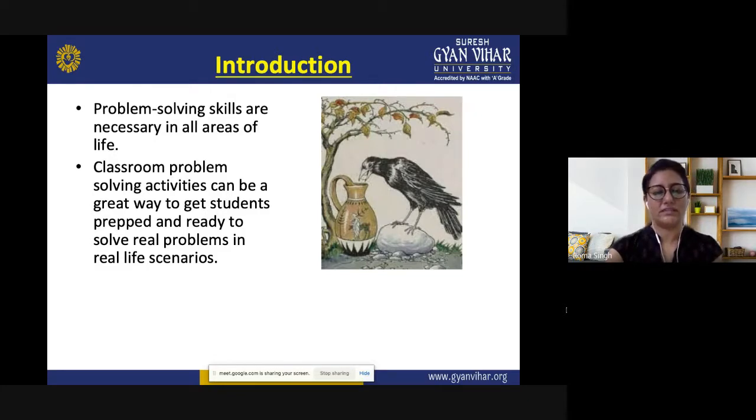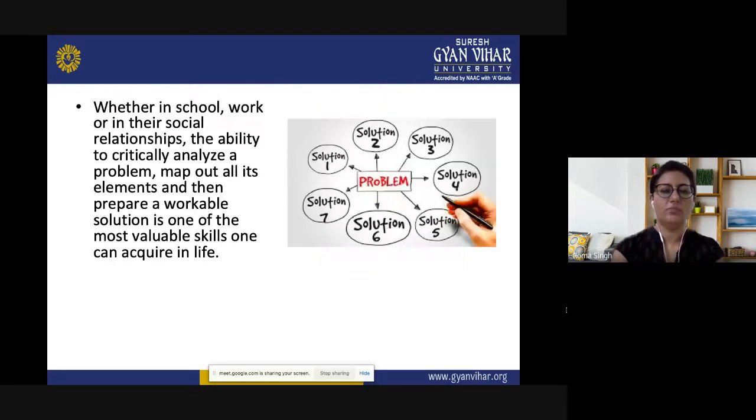So this basically is the ability to critically analyze a problem and map out all its elements and then prepare a solution that works in one of the most valuable manners. Whether in school, work, or in our social relationships, this critical analysis is very much necessary, and a workable solution to be taken out of the problem.